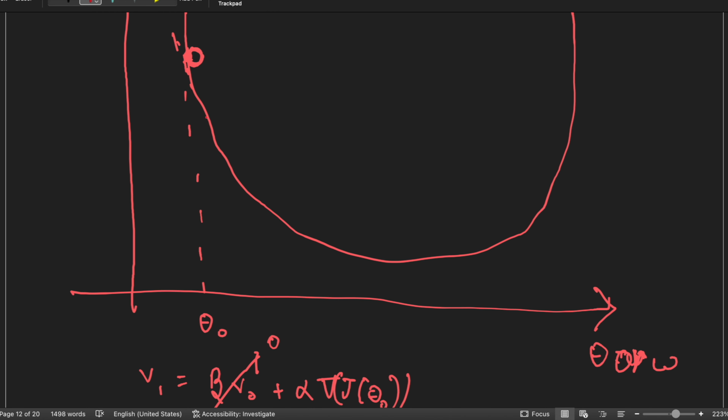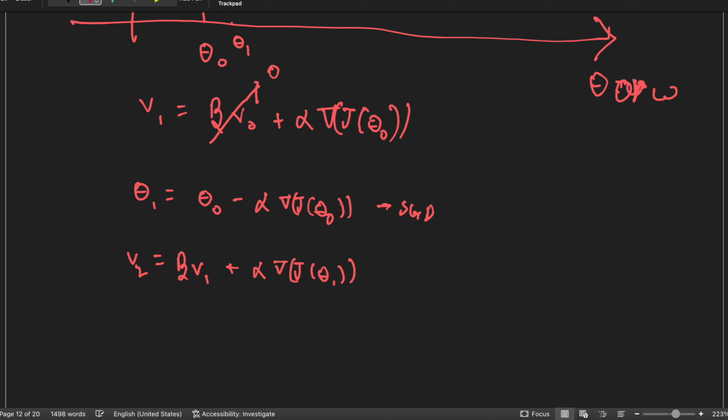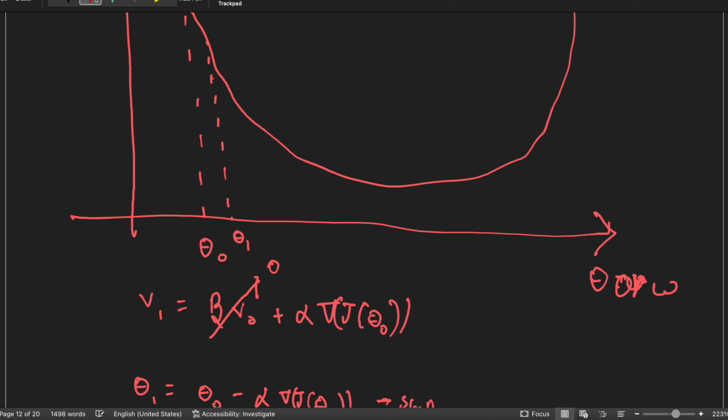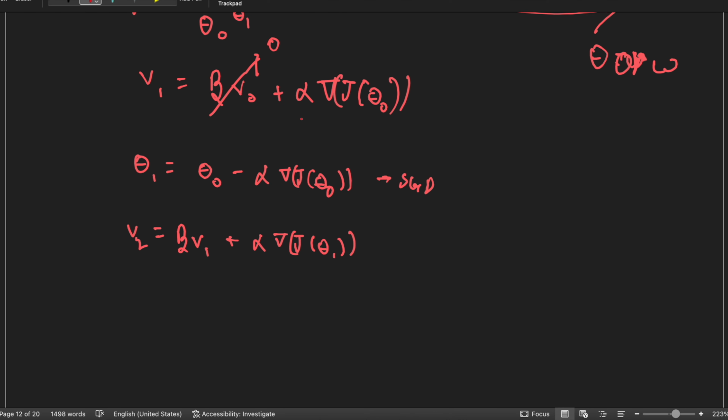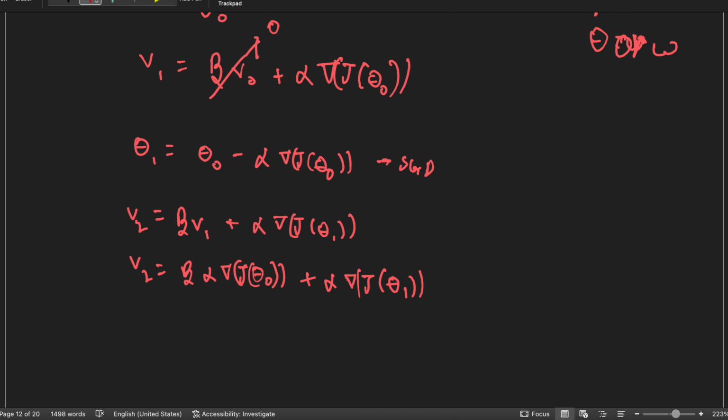If we mark it, after the weight update theta 1 comes to be here, and the gradient will be calculated from this position. And beta V1, we already know the value to put in. So V2 is equal to beta times alpha times the gradient at theta 0, plus alpha times the gradient at theta 1. So we got our V2, and the same weight update will happen.